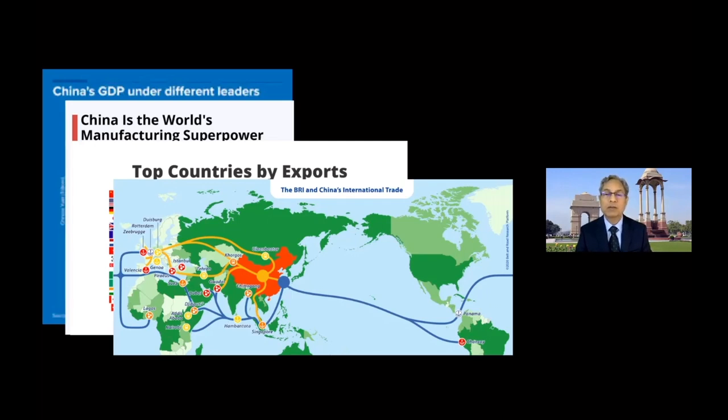One belt, one road. And that is seeing China's influence increasing around the world in building infrastructure, roads, railways, ports, new smart cities.